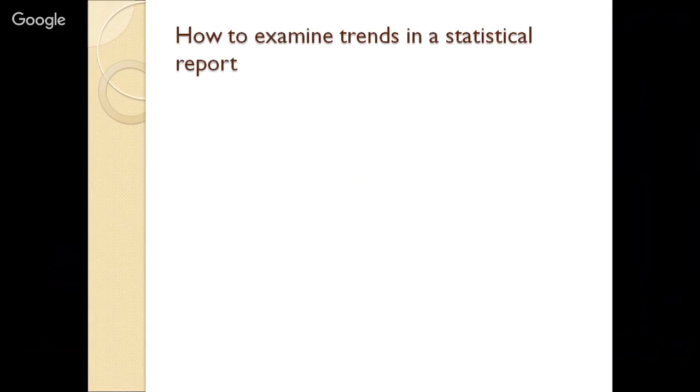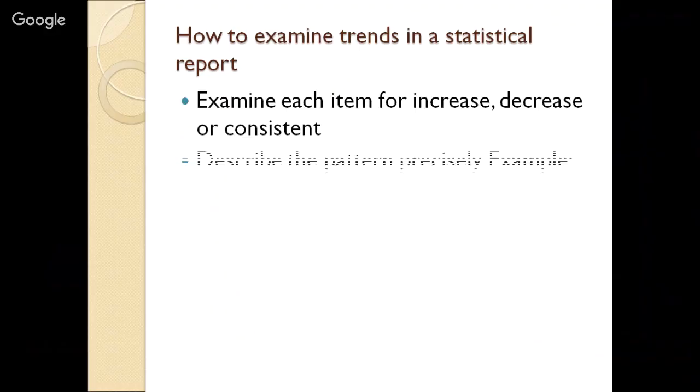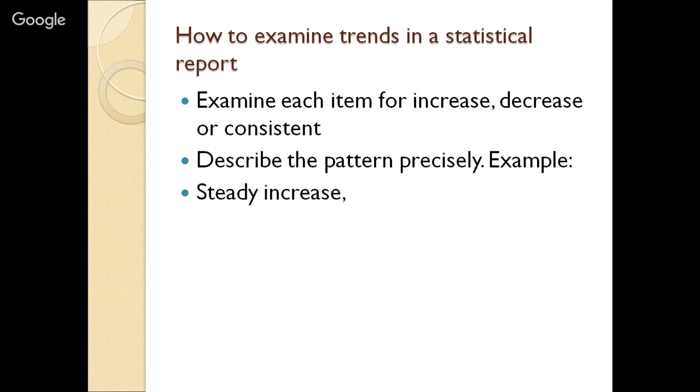Any questions so far, guys? Please let me know. Now, how do we examine trends in the statistical report? As we said, we talk about whether it's increase, decrease, or consistent, but also we need to add some kind of adjective, a word to describe how the trend is.